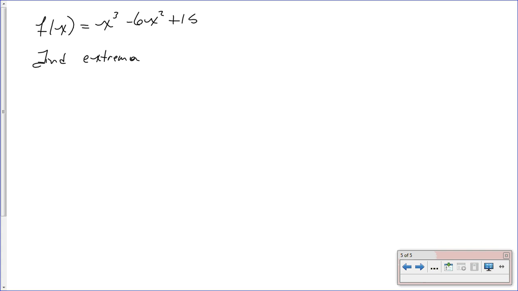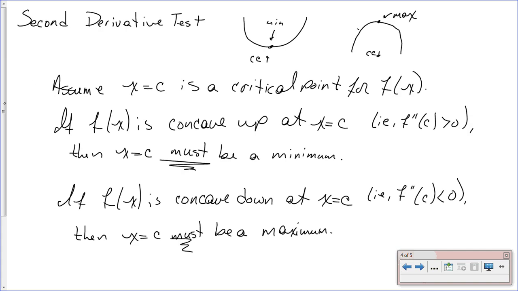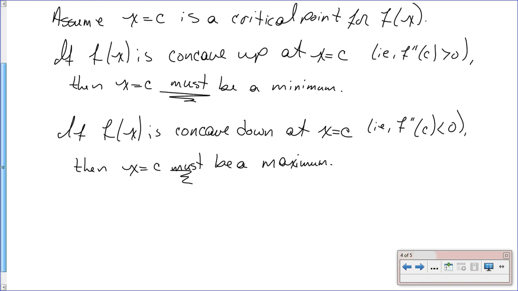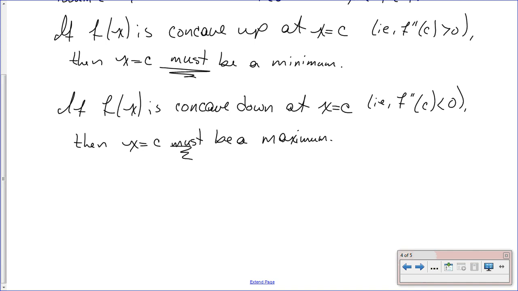So the first thing we want to do is find our critical points. So we get f prime. Whoops, I forgot to tell you all the steps. So the steps are a little bit different. So let's go back to second derivative, because I forgot to tell you all the steps.